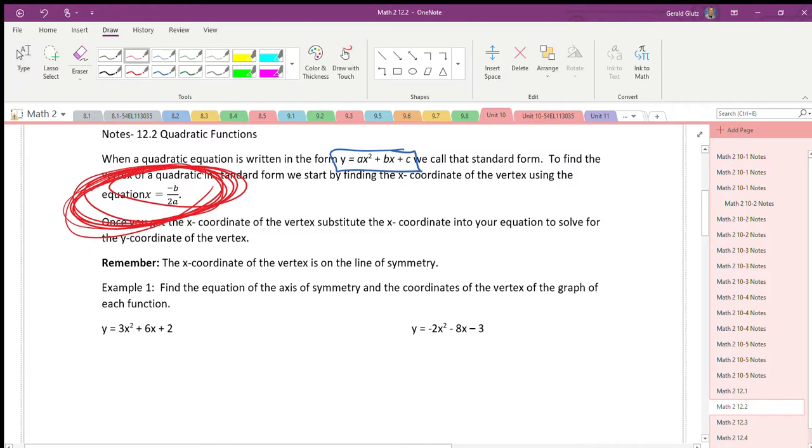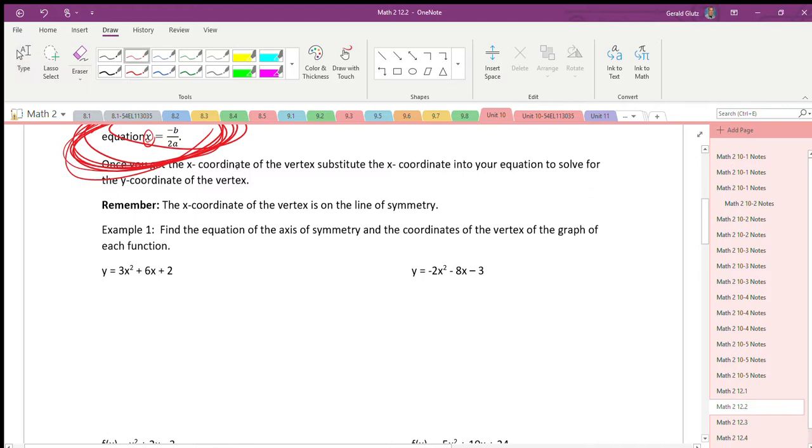Negative b, so that'd be this value with the opposite sign, divided by 2 times whatever a is. So that is how you find the line of symmetry equation. This will give you an x value. Remember, the line of symmetry is also the x value of the vertex, so this will also be how we start to find the vertex.